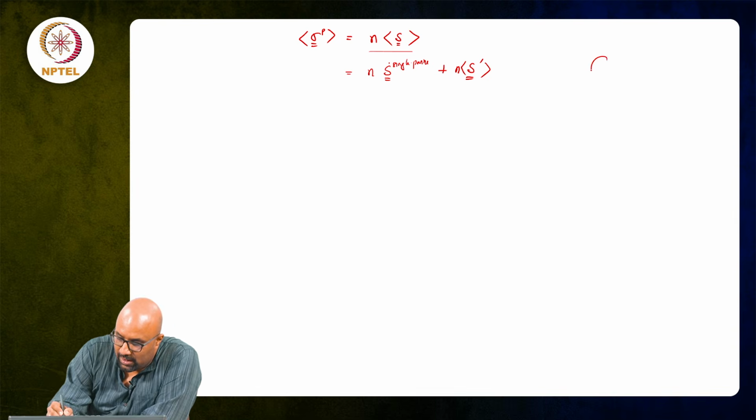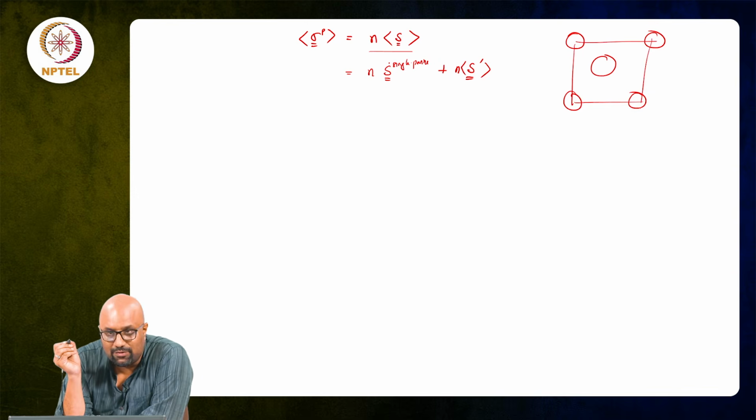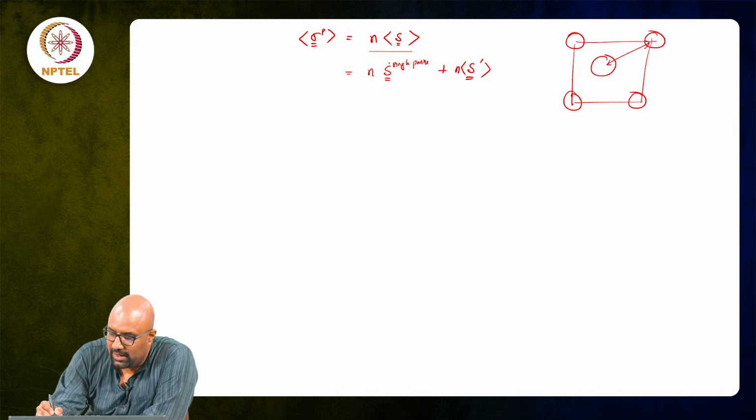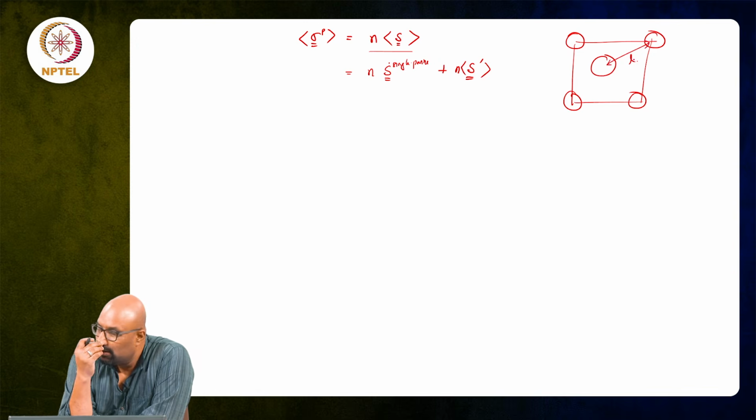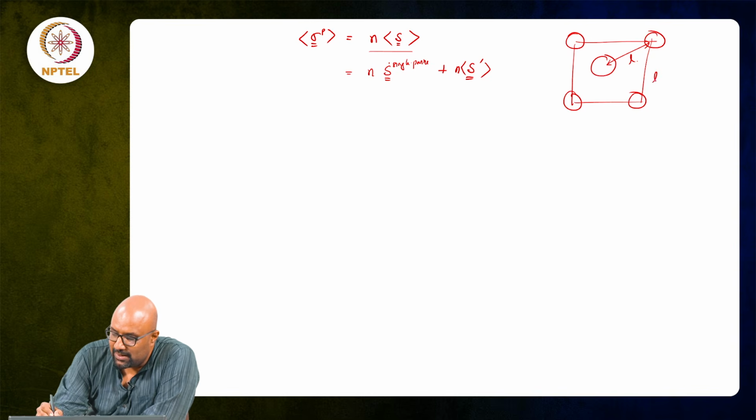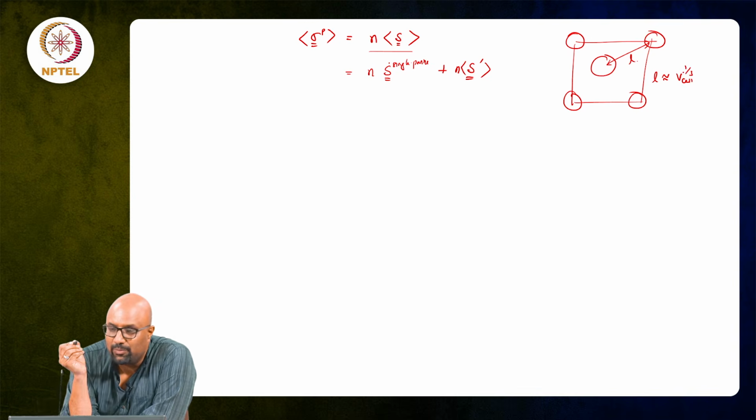So, if you place these particles, without any particular physical reason, I think of a unit cell which has a single particle surrounded by neighbors. What would be the separation between the particles? How do I find that from volume fraction? So, this L is approximately the cell volume to the power 1/3.